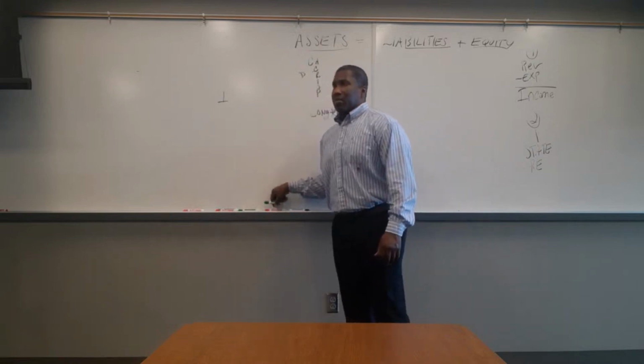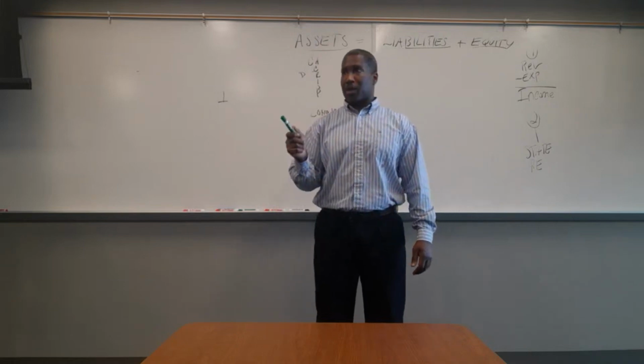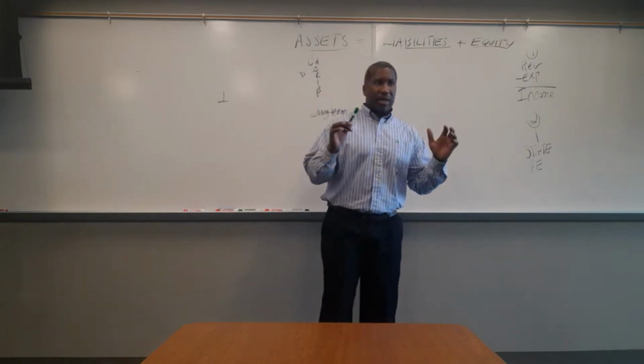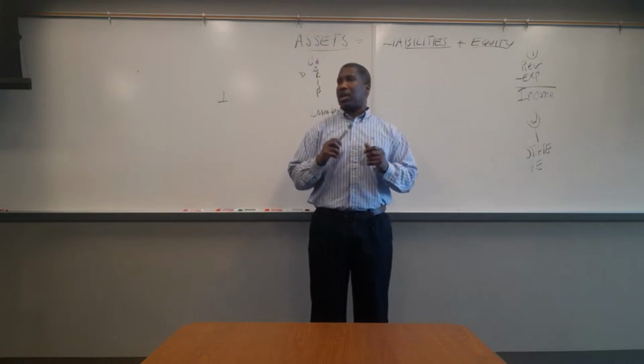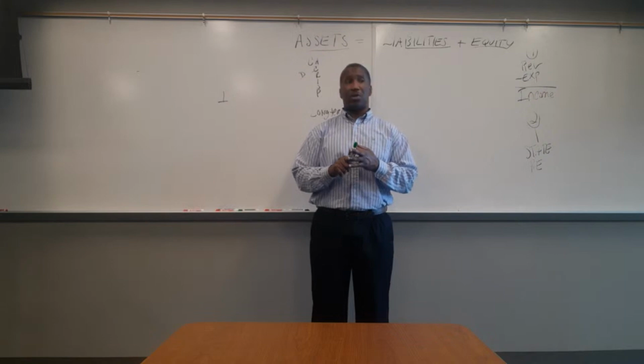We know our income statement consists of revenues and expenses, right? I want us to think for a second. When we had expenses, like rent expense or salaries expense, how do we increase our expenses, using a debit or a credit?